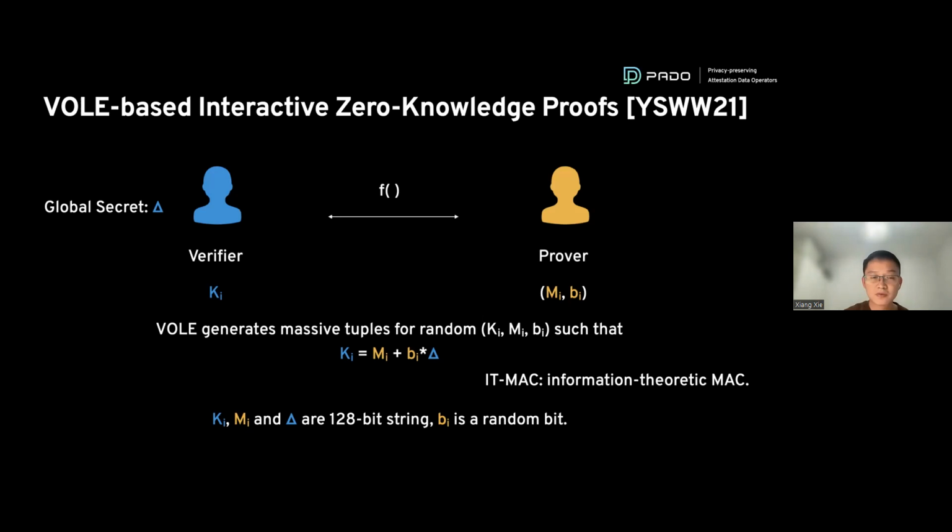In this case, the verifier will have a global secret delta, and the VOLE procedure will generate massive tuples of random what we call IT-MAC, information theoretic MAC.